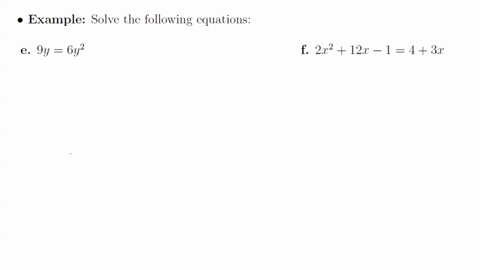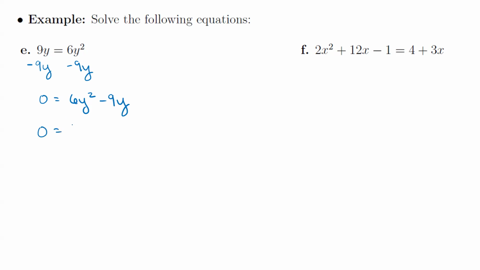And keeping in mind the fact that we like to have our y squared term usually be positive, the way in which I'm going to choose to get one side equal to 0 is by subtracting 9y from both sides. That way I have a positive y squared term.